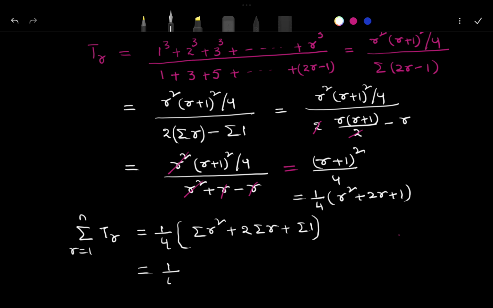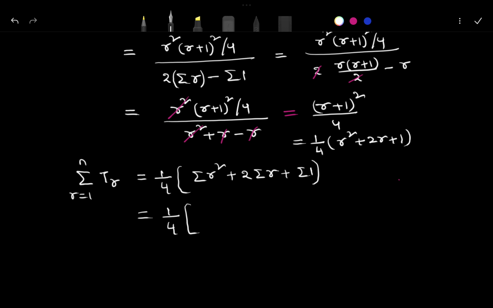So you can write 1 by 4 into sigma r square, which means the sum of the squares of the n natural numbers. That value will be equal to n into (n plus 1) into (2n plus 1) whole divided by 6, plus 2 into sigma r, the sum of the n natural numbers, which equals n into (n plus 1) whole divided by 2, plus sigma 1, where r is equal to 1 to n.